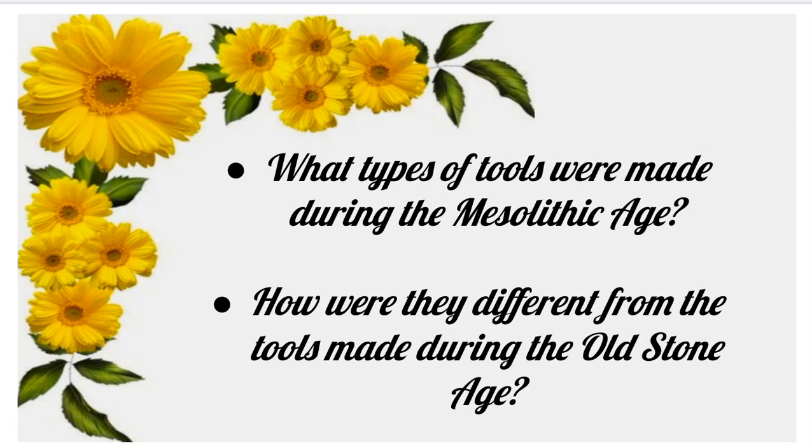Okay, guys. Then they had geometrical shapes. As I told you, point is triangular, core is cylindrical, and others. So, how were they different from the tools made during the Old Stone Age or the Paleolithic Age?